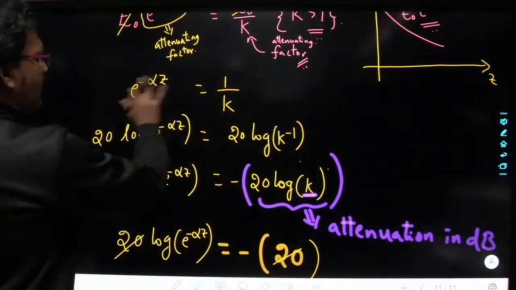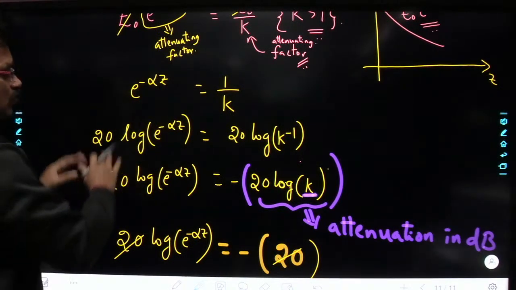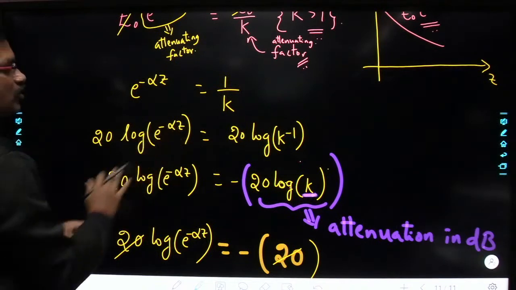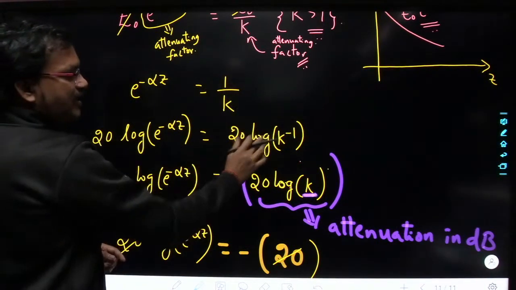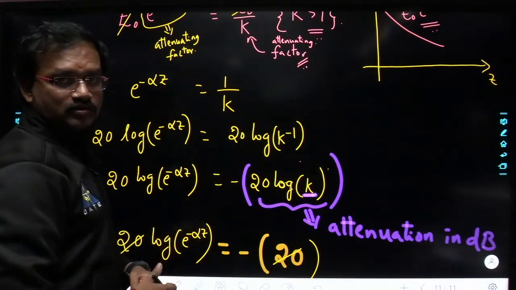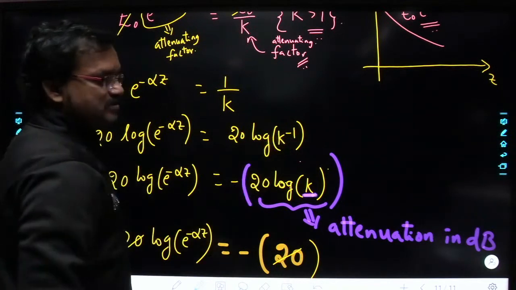So here I have applied 20 log on both sides. What are you going to get? 20 into log of e power minus alpha z is equal to 20 into log of 1 by k. 1 by k I can write as k power minus 1.